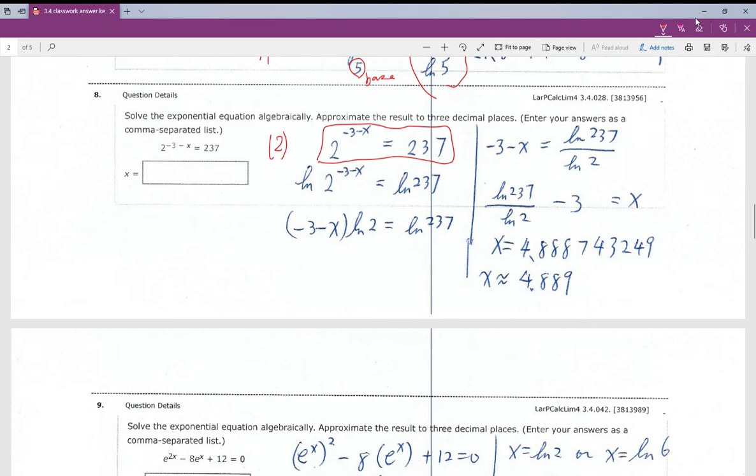If you put the ln on both sides, then you bring this exponent to the front, and it becomes the coefficient. And then you want to isolate x. Before you isolate x, you want to isolate negative 3 minus x. So all you have to do is divide by ln 2 on both sides.